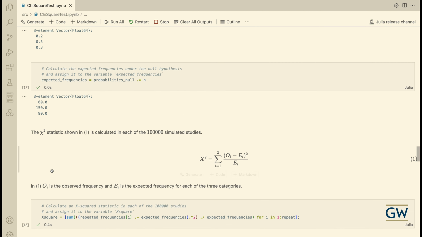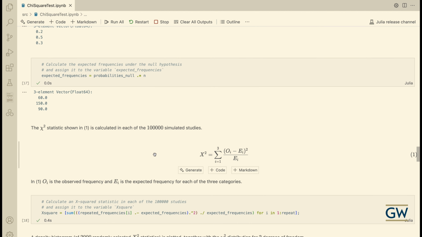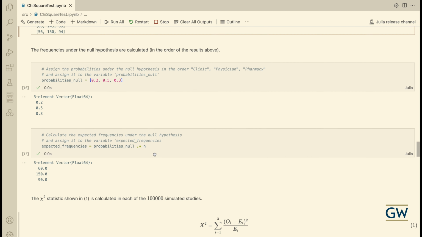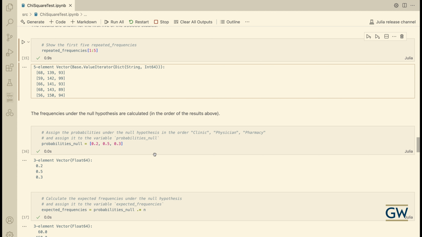So now I can use my equation here for my x squared statistic. I'm just going to sum over the difference between the observed and expected value, squared, divided by the expected value, and I do that for each of the categories. So if I just go back here, just to show you, in this first case, there's my first of my 100,000.